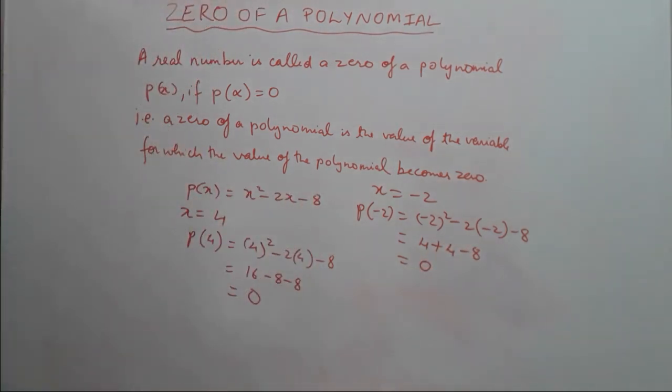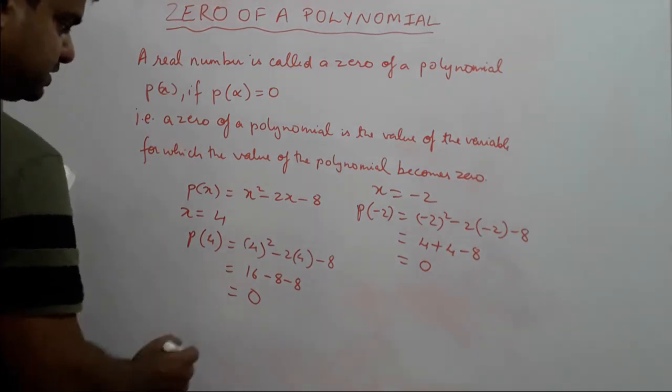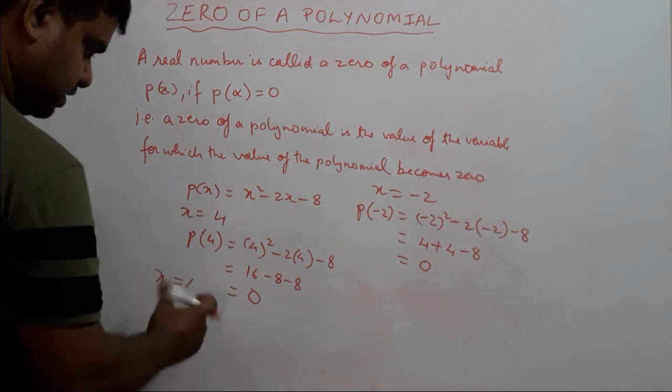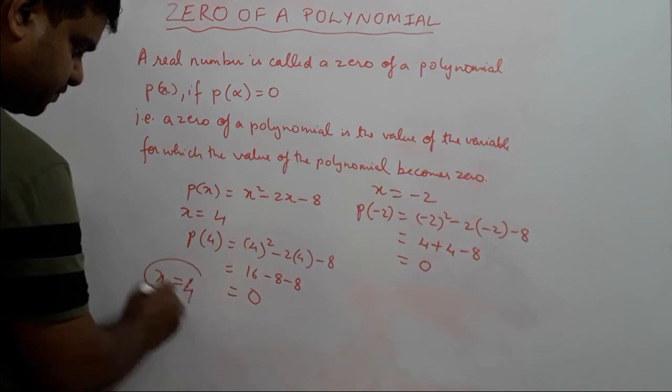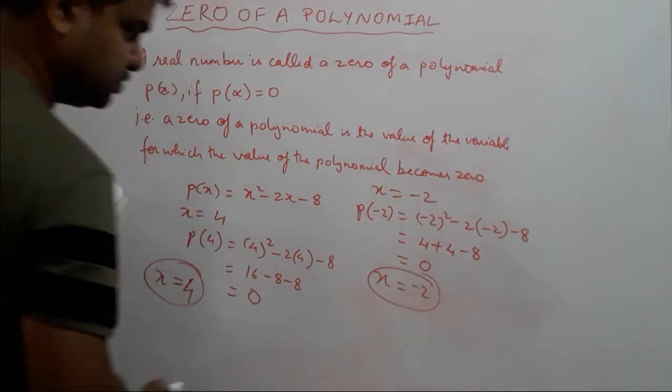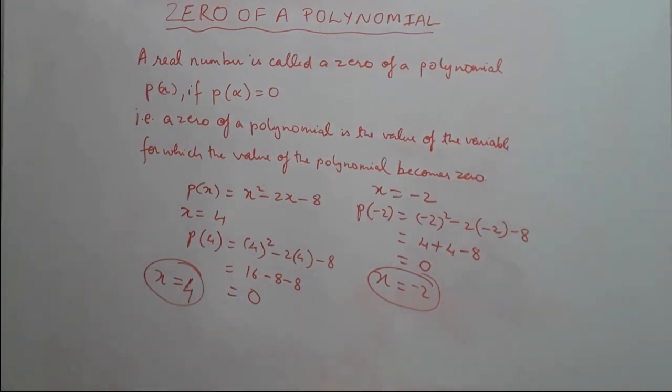So these two are known as the zeros of the polynomial. In this case, x equal to 4 and x equal to minus 2 are known as zeros of the polynomial. Why are they known as zeros of the polynomial?